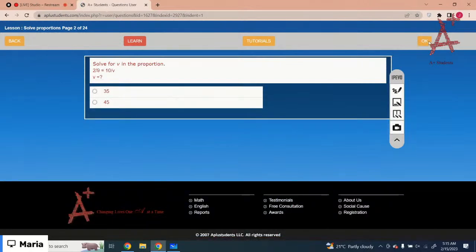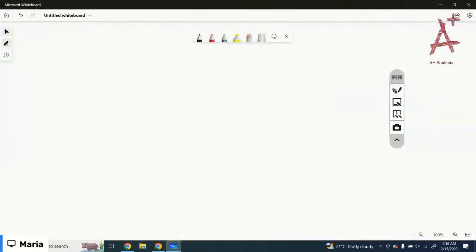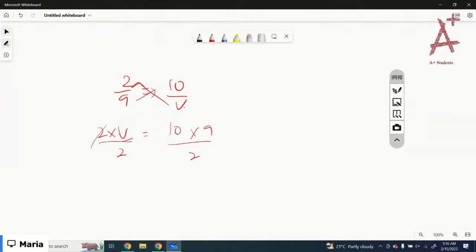Okay, the next one is 2 over 9 equals 10 over V. Just do cross multiplication. You have to do 2 times V, and 10 times 9. Now you have to find the value of V only. You are multiplying by 2, and the opposite of multiplication is division. 2 and 2 cancel out.